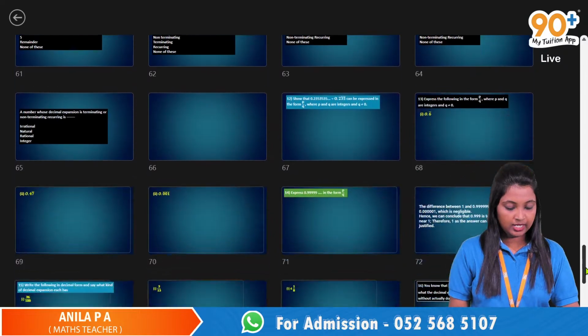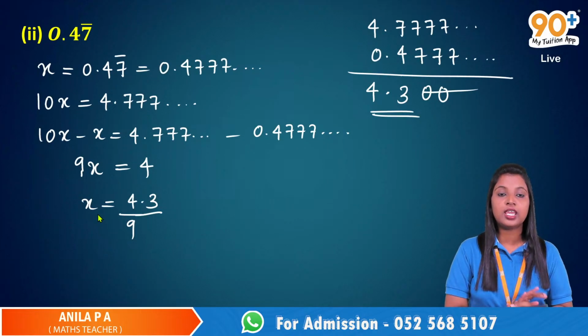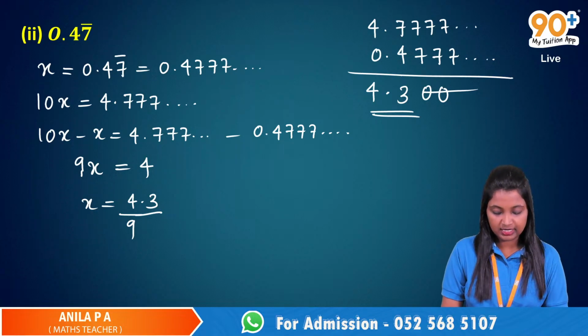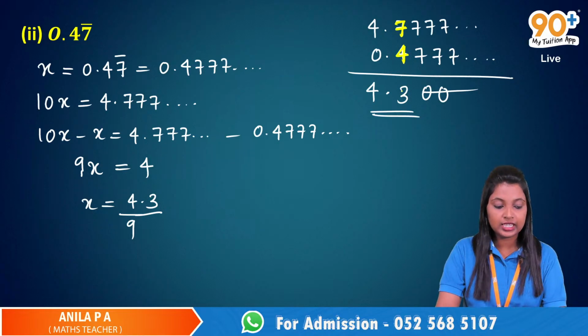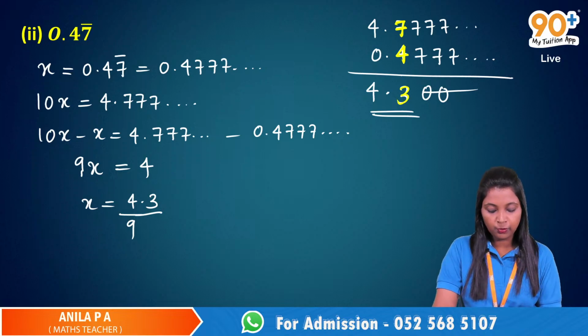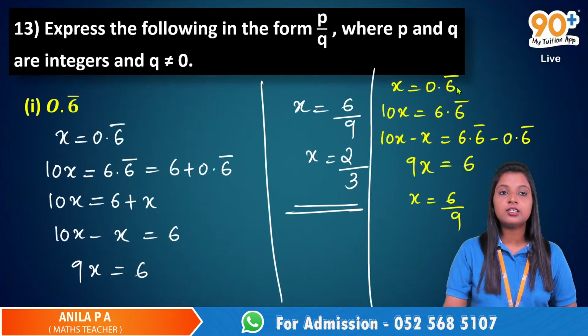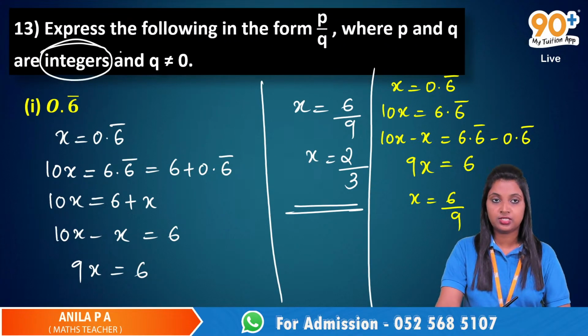But here it is a different case. For 4.3 by 9, see, we have a difference here: this is 7 and this is 4, so we have to subtract that also. 7 minus 4 gives 3, so we have 4.3. What is the question? Express it in the form of p by q, where p and q are integers.